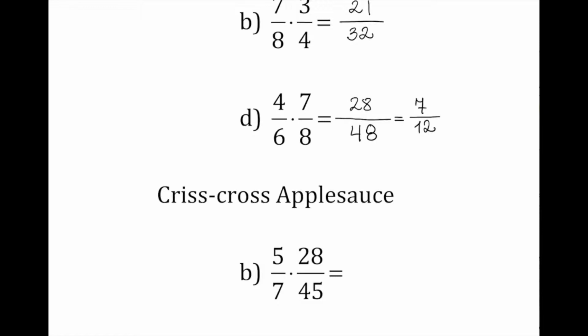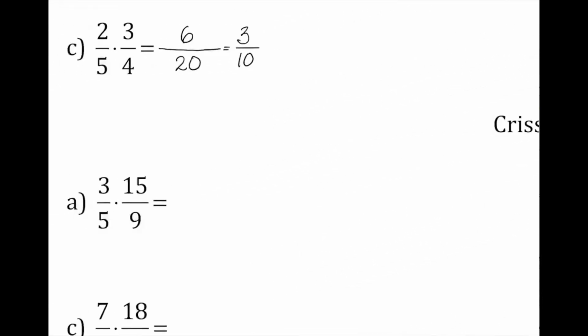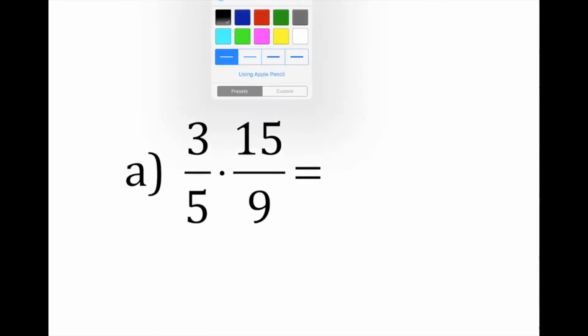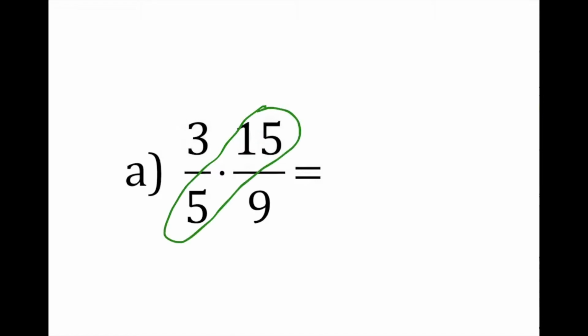Now the next one is Criss-Cross Applesauce. And it's Criss-Cross Applesauce because we're going to look at the numbers that are across from each other. So we have 3/5 multiplied by 15/9. If you look at the crisscross numbers, 5 and 15, I can simplify this by doing division.